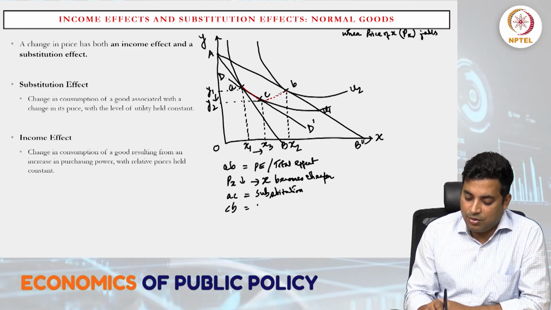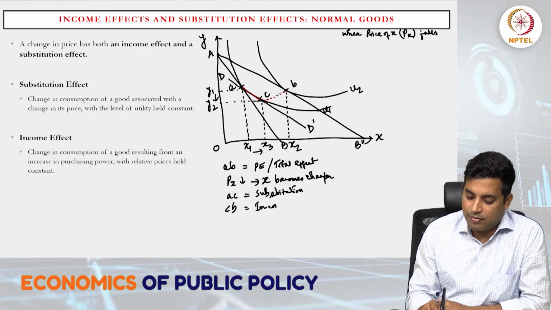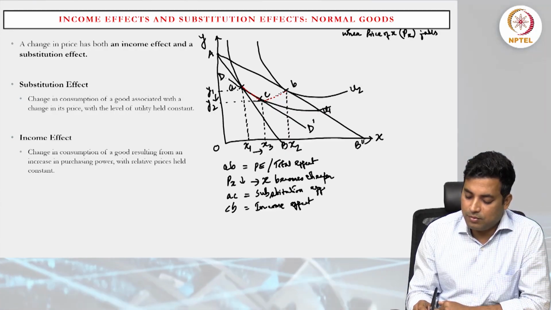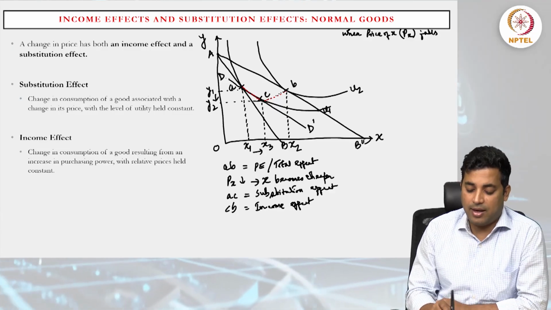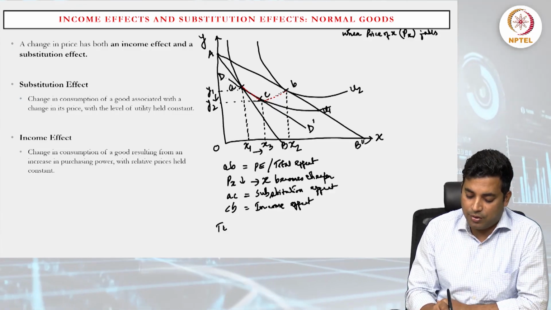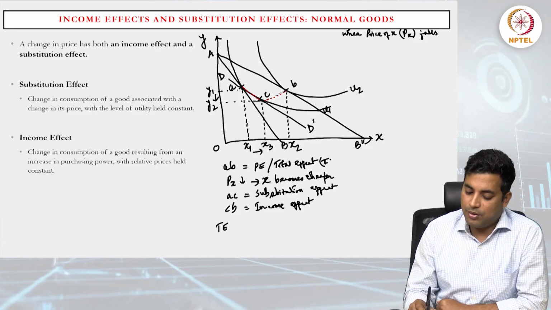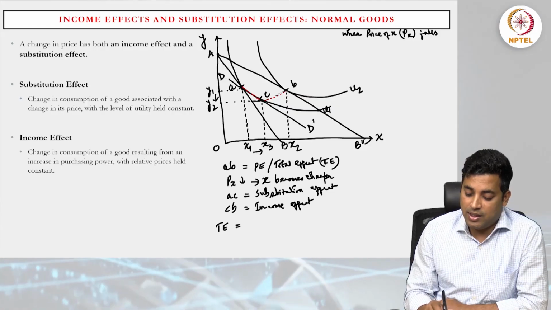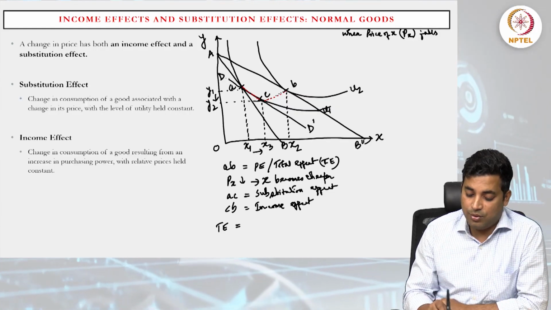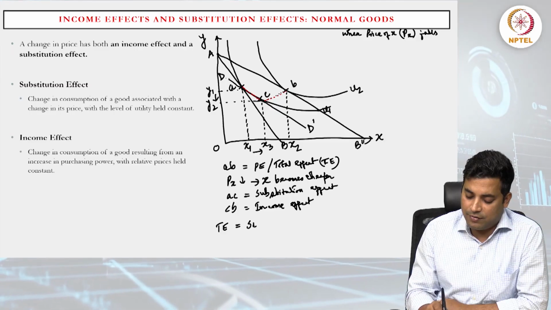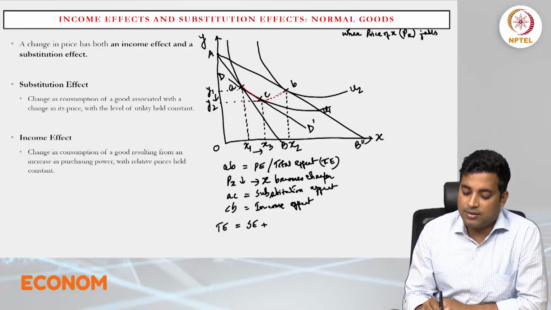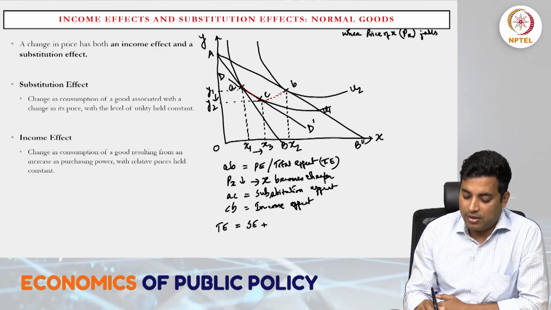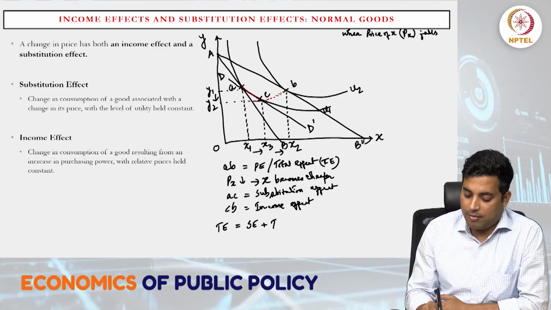is basically due to the income effect. So in this particular case we can write the total effect. The total effect is equal to A to C, which is x1 to x3, the substitution effect, plus x3 to x2, C to B, which is our income effect.